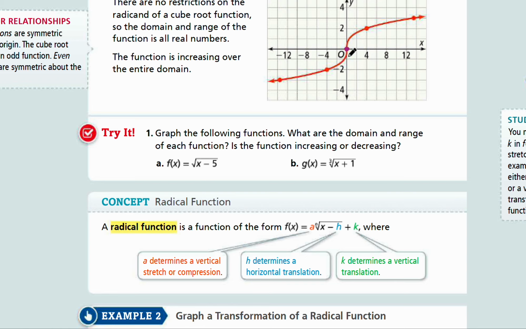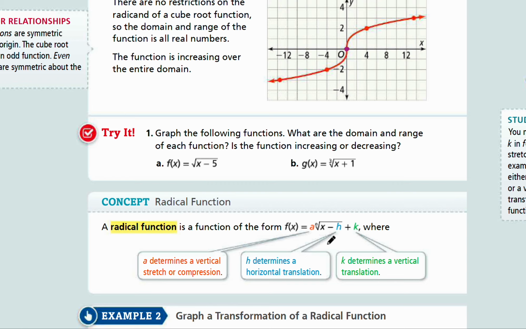So for cube root, it's like the point in the middle, and then for square root, it's the endpoint. Okay, so h, k will be the point, and a is the vertical stretch or compression from your parent function. So looking at this, you can figure out the transformations from your parent function right away.